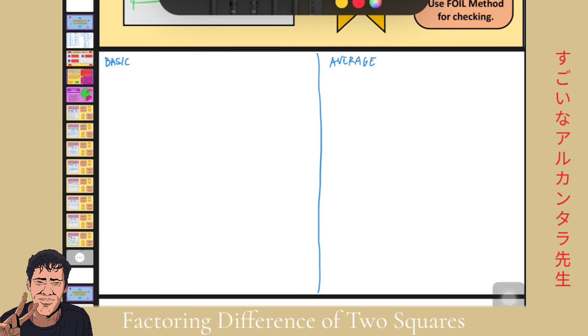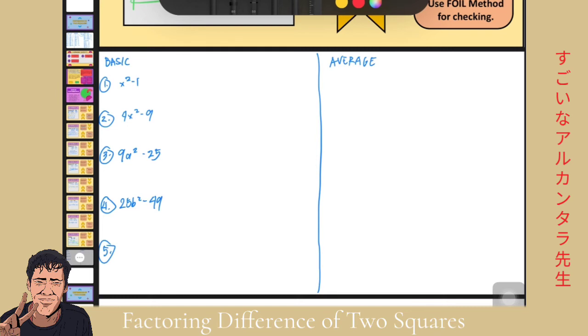So we can have first x squared minus 1. We can also have, let's say, 4x squared minus 9. We can also have 9a squared minus 25. We can also have here, let's say, 25b squared minus 49.